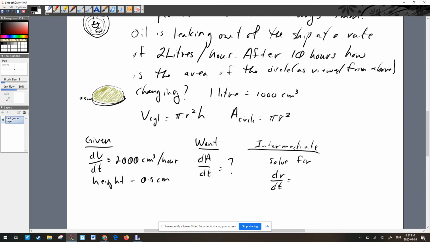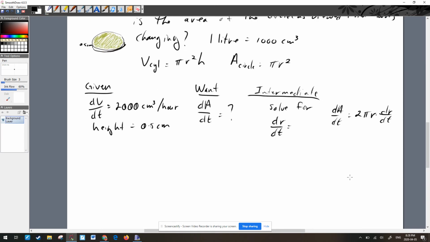If we differentiate this, dA/dt would be 2 pi r dr/dt. So if we know what dr/dt is, we can relatively easily find dA/dt.